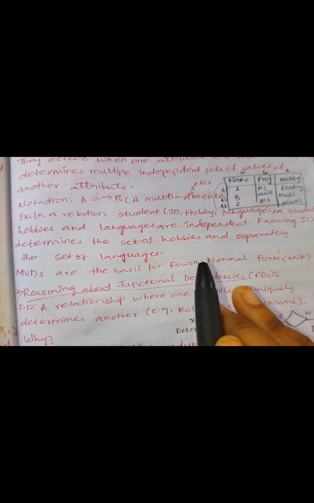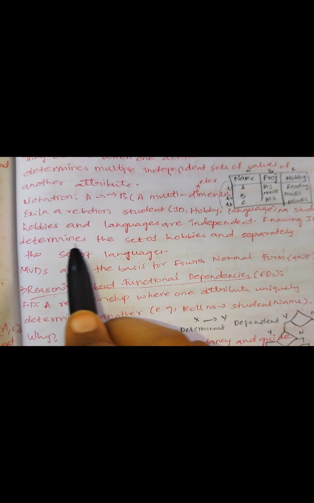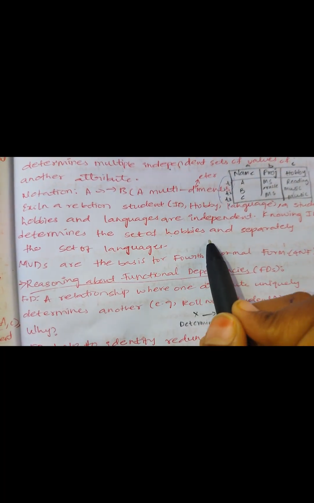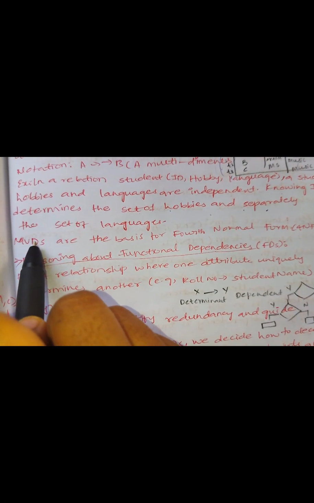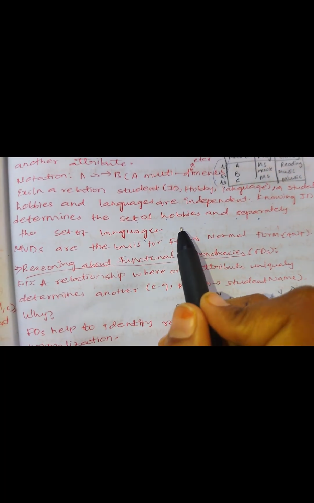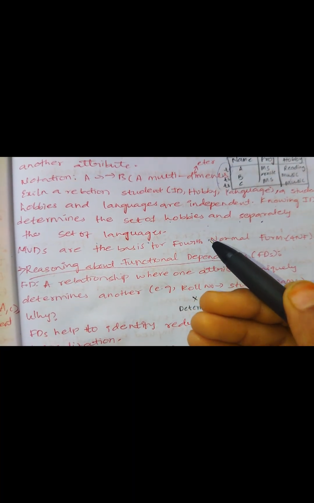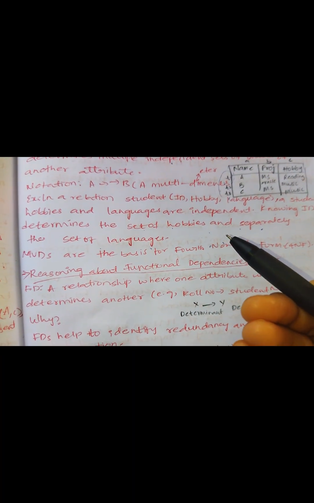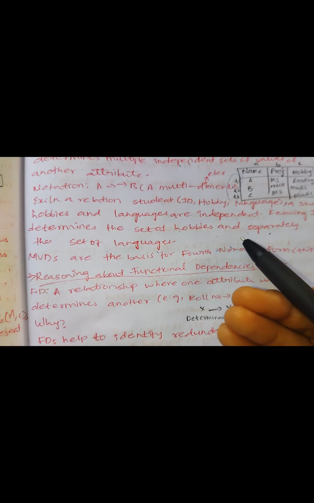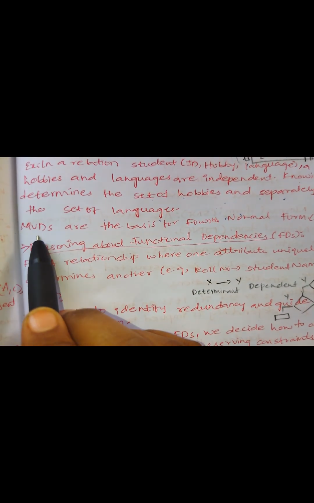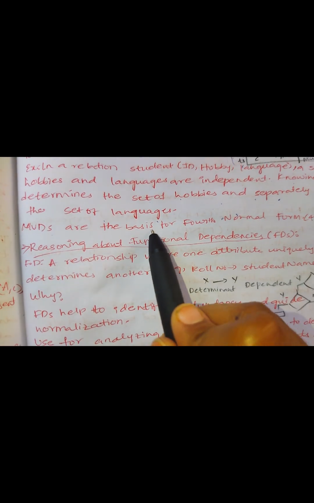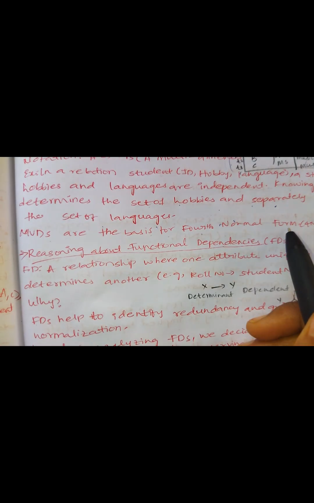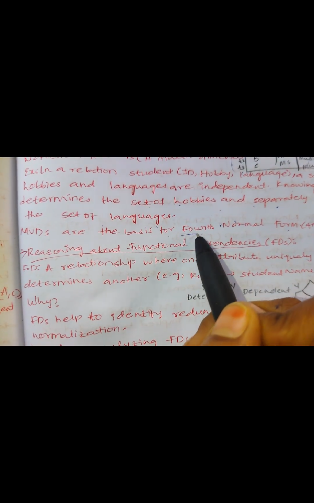Independent means not dependent on other values. Knowing the ID determines the set of hobbies and, separately, the set of languages. Each student has different languages, hobbies and projects. Multi-valued dependencies are the basis for the fourth normal form. It is the main point.